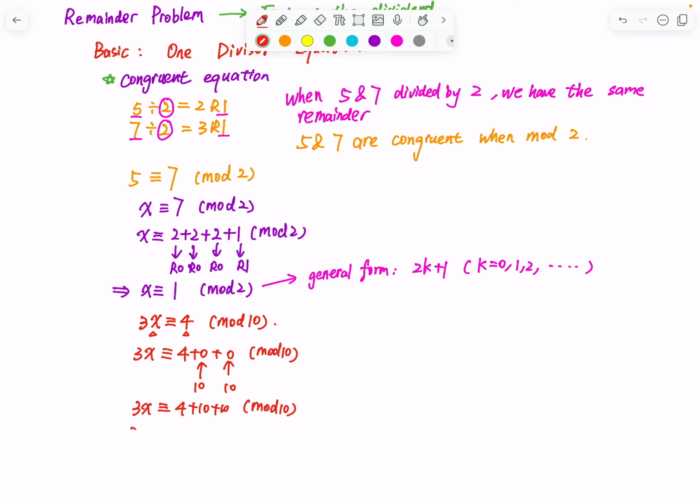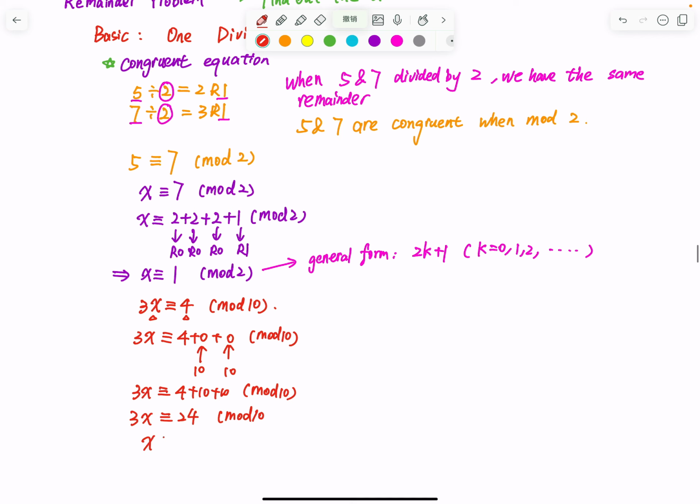So we can see 3x has the same remainder as 24 mod 10. So this time I can divide by 3: x is congruent to 8 if I mod 10. After that, I get x equals 10k plus 8.